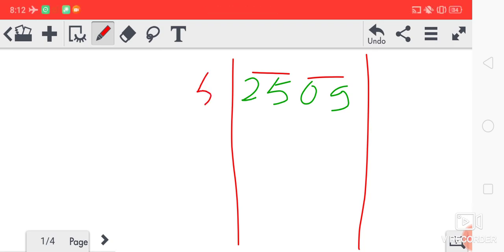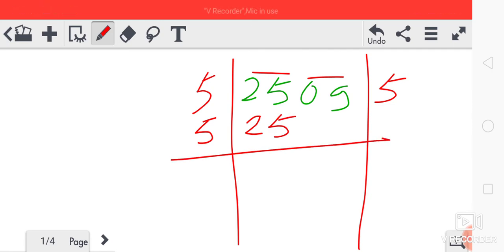So 5 we can take. 5 5s are 25. We are getting this one. Okay, so 25 minus 25 will get 0. Now this 5 and 5 we will add, left side will get 10.